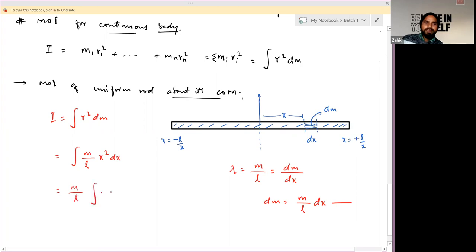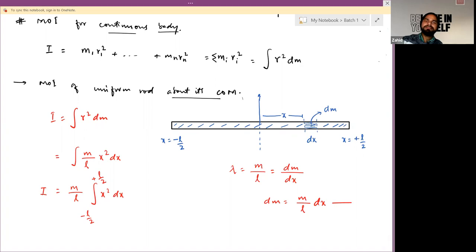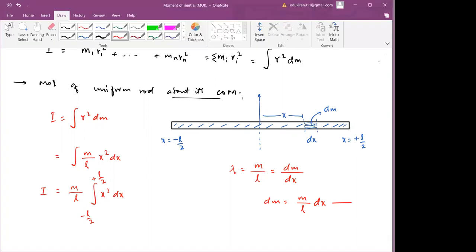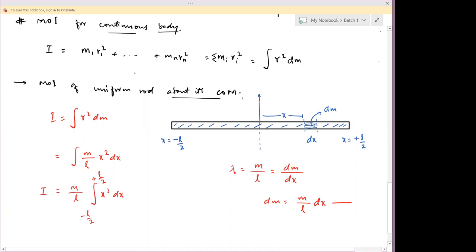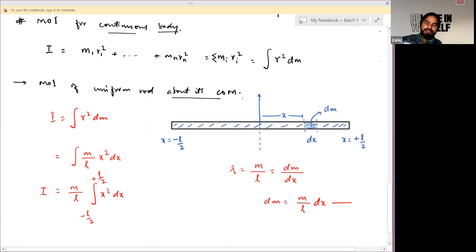Integration of x square times dx. And now, since x is going from minus L by 2 to plus L by 2, it will define the limits. Khalid, is it clear? Yes, sir. Okay, just write it down and try to integrate this term and simplify it.